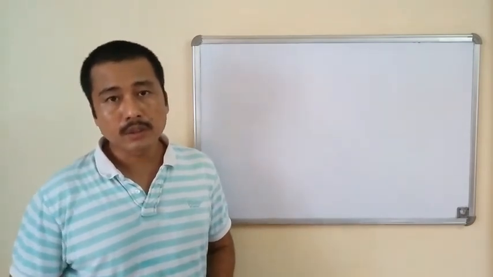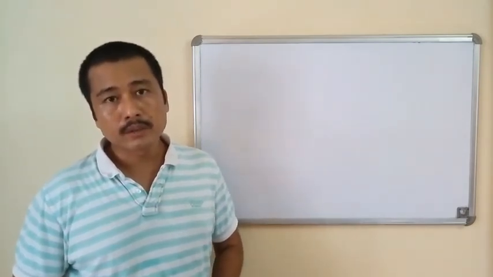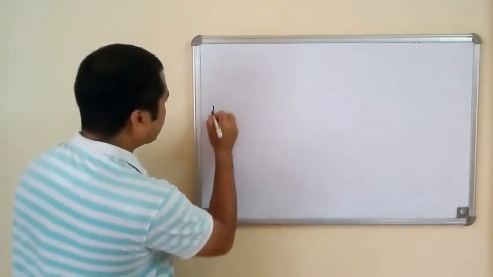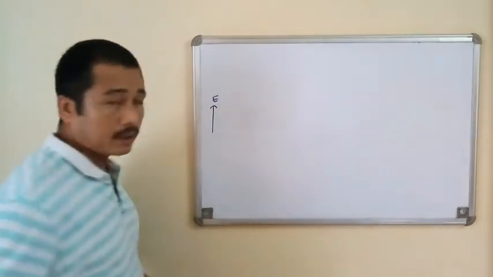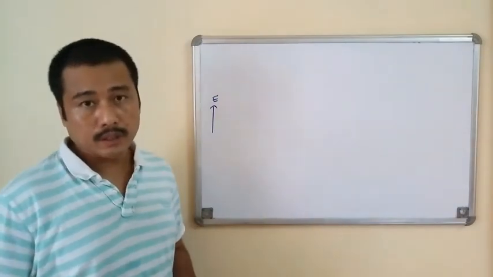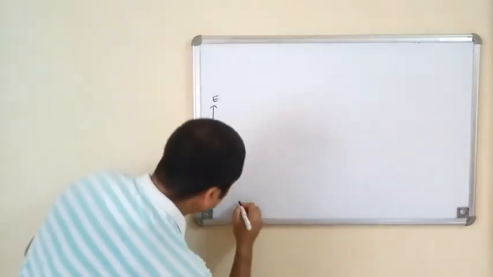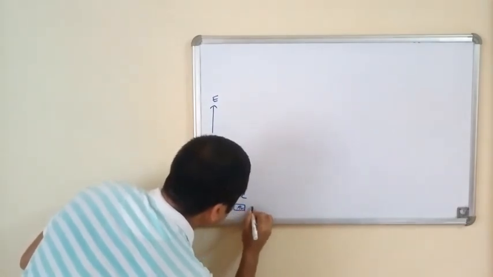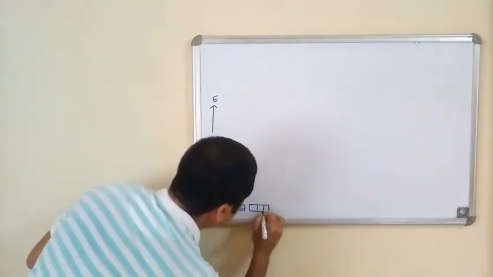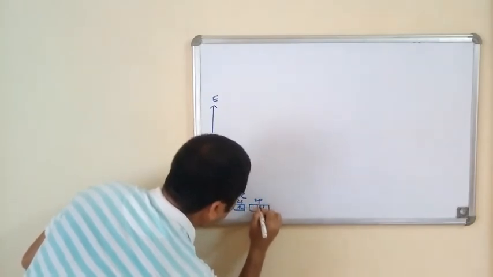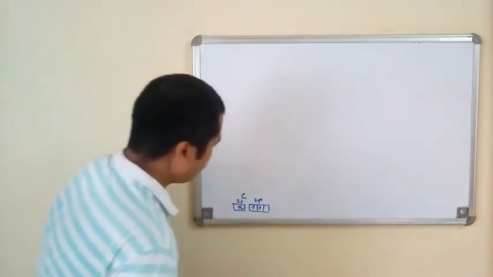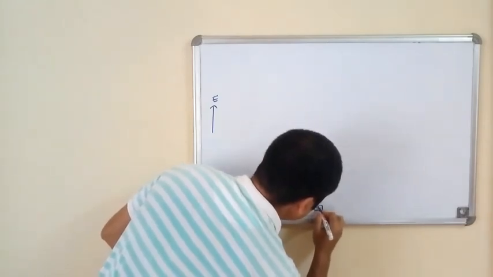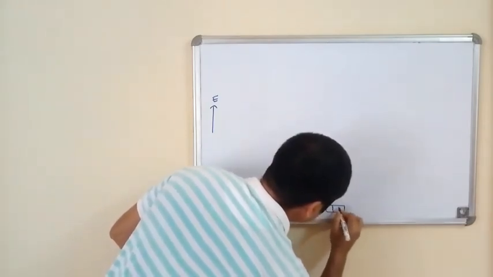So let us first draw the molecular orbital diagram of the carbon monoxide molecule and identify the orbitals which are going to interact with metal orbitals. Carbon has the electronic configuration 2s2 2p2, while for oxygen the electronic configuration is 2s2 2p4.